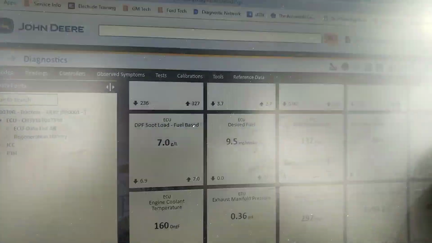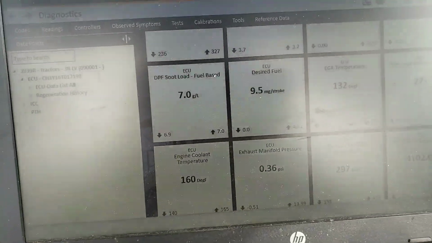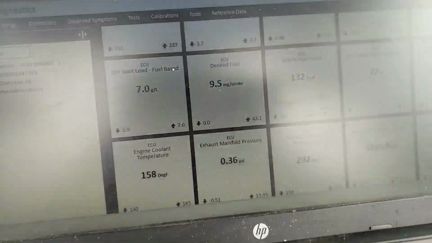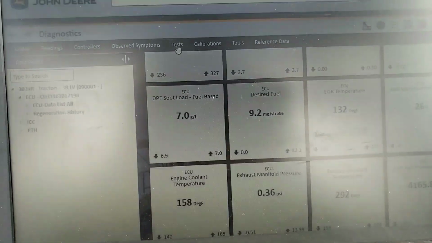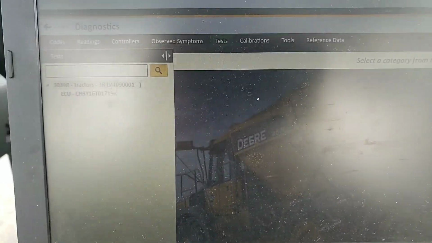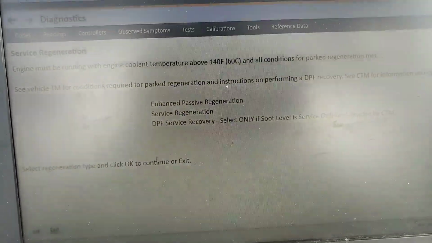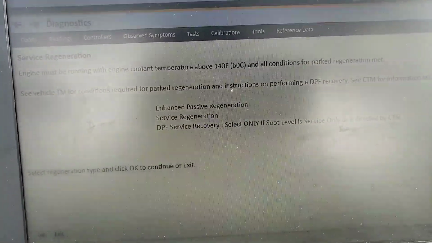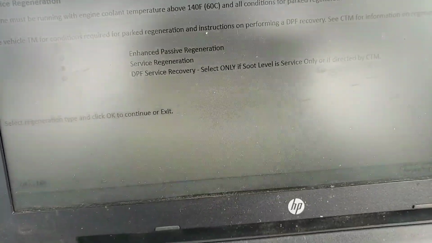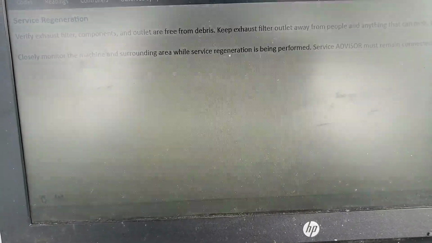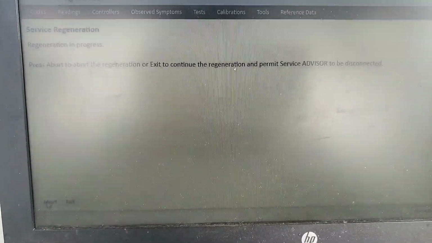But then, another thing I like to do on any of these diesels, because I'm not going to sit here and monitor the thing for an hour to 3 hours, however long it takes, is when I'm getting ready to go into regen. So we'll go over to our service regen. We'll do that. We'll hit OK.